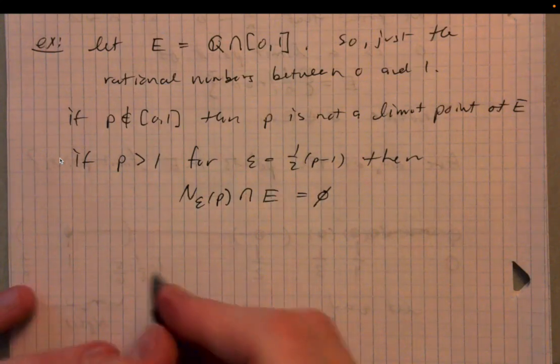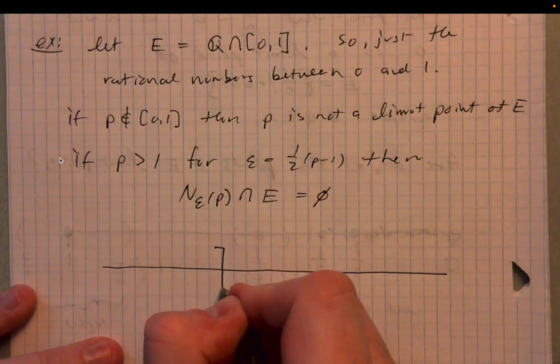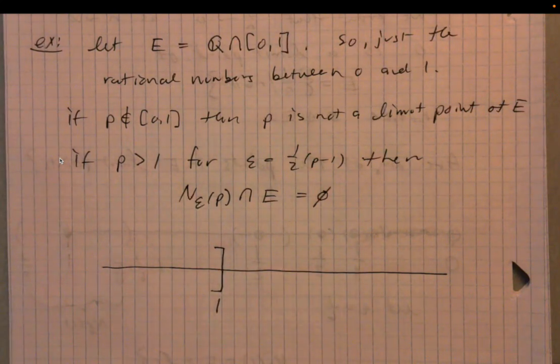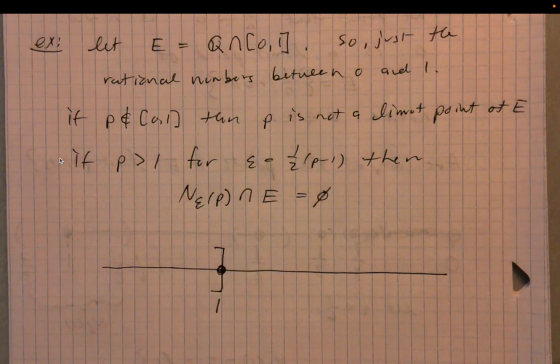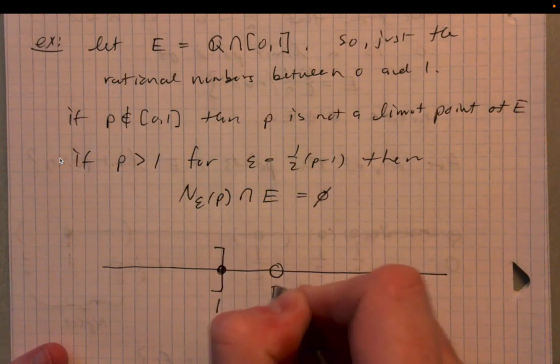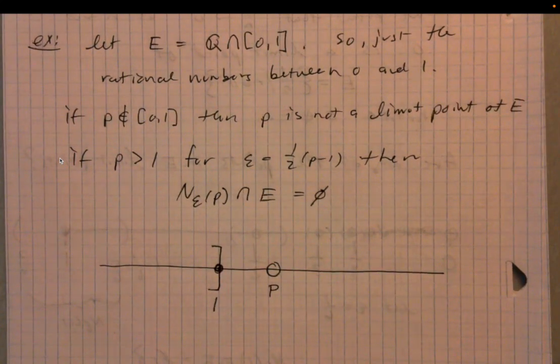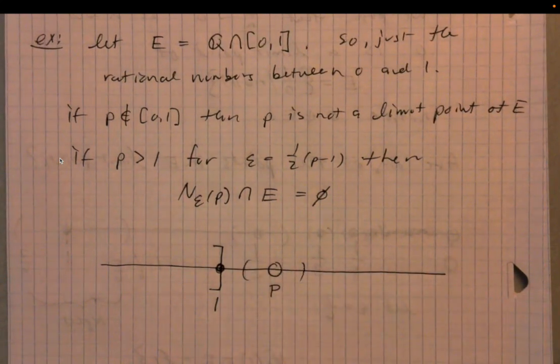Okay, let's draw this. Let's see what this looks like. So I've got my number line here. Here's my upper edge. There's my 1, and that is in E. And then I've got some other number that's a little further up, and this is the P of interest. Okay, and so I can construct an epsilon neighborhood around this thing, right?